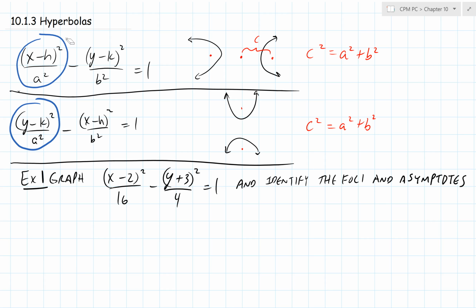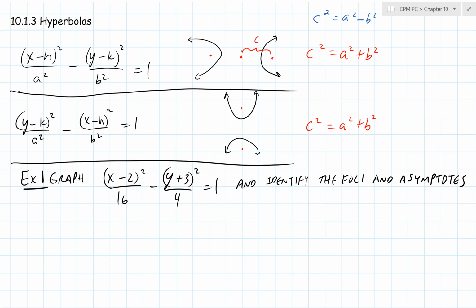And then the focal points are always inside the hyperbola, meaning that the curve wraps around the focal points. So to find the distance from the center to the focus, we use c squared equals a squared plus b squared, in contrast to ellipses. For ellipses, we did c squared equals a squared minus b squared, and so for hyperbolas it's a squared plus b squared.